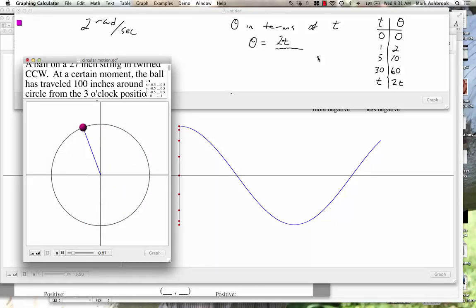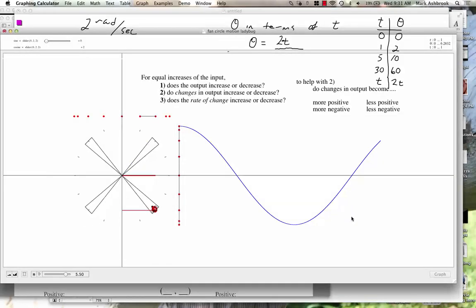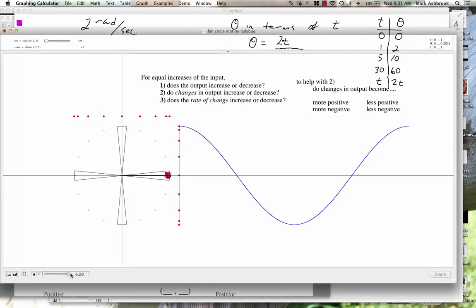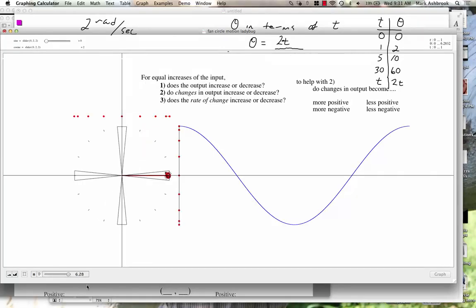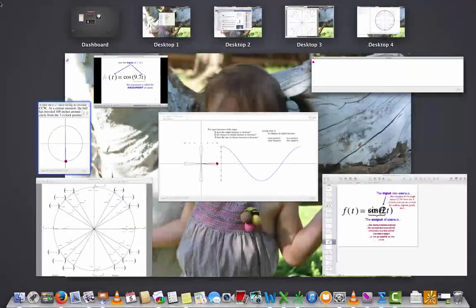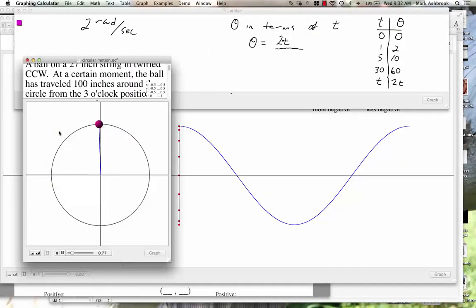Okay, so now I'm showing you a graph related to the ball's motion.